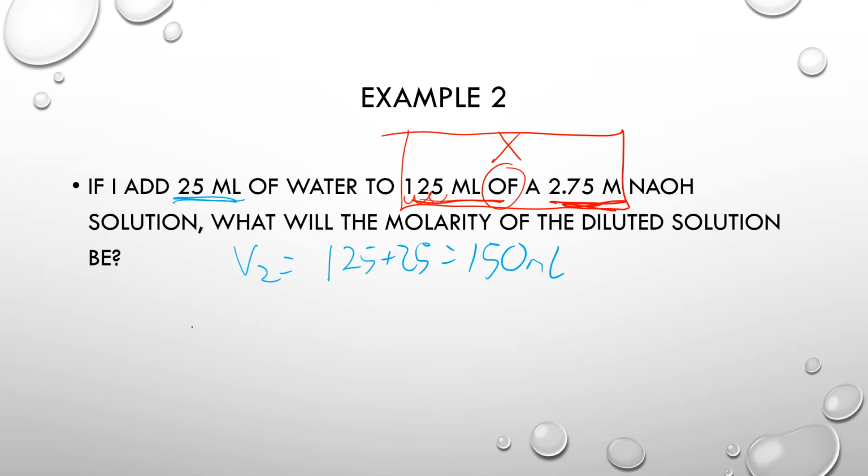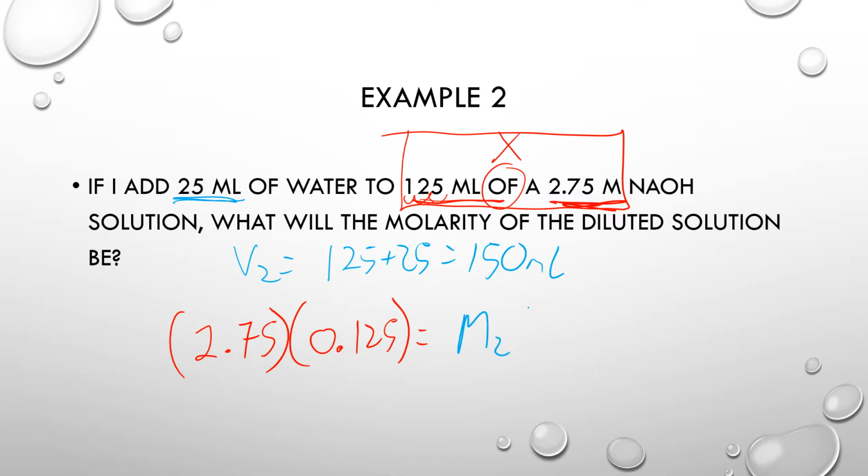So we have M1 is 2.75. Our V1 is 0.125. And our M2 is what we're looking for. We're trying to figure out what the molarity of this new thing is. And our V2 is 0.150 liters.